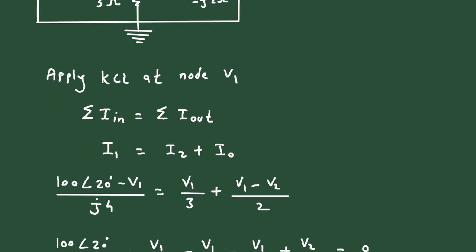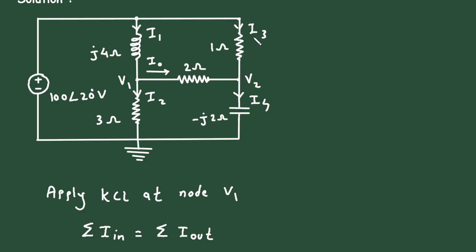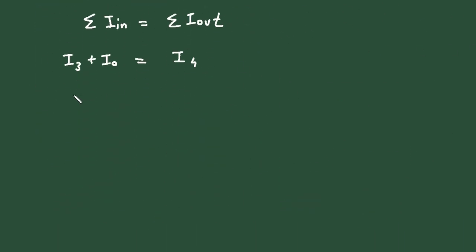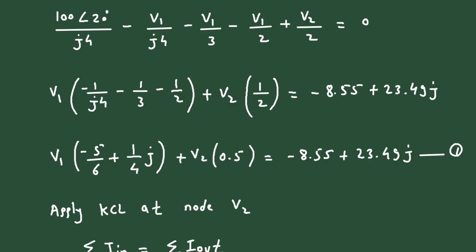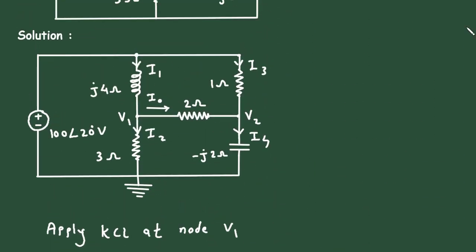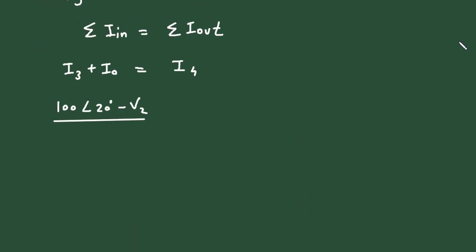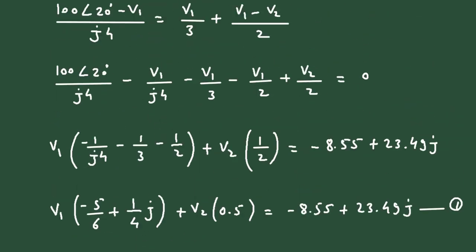Now I3, here we can see I3 is this node voltage, it is 100 at an angle 20 degree minus V2 divided by 1, then plus Io.